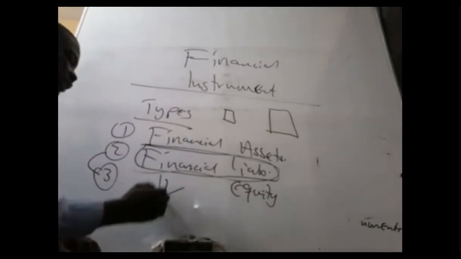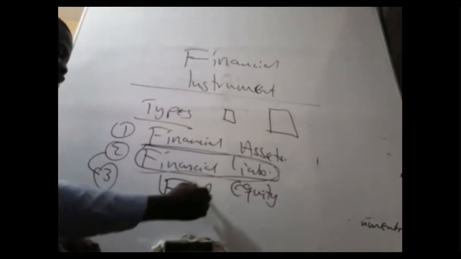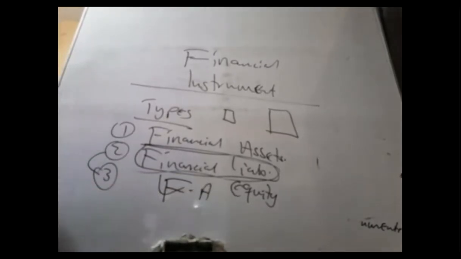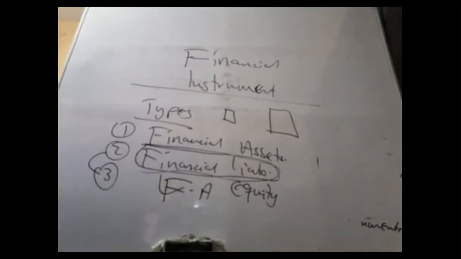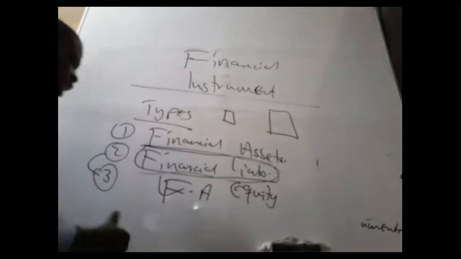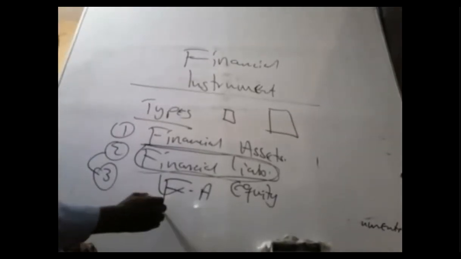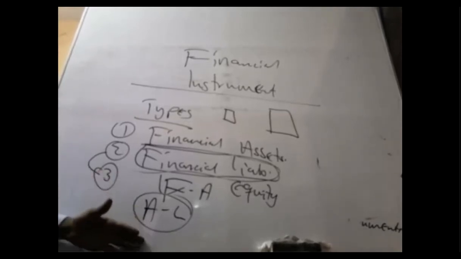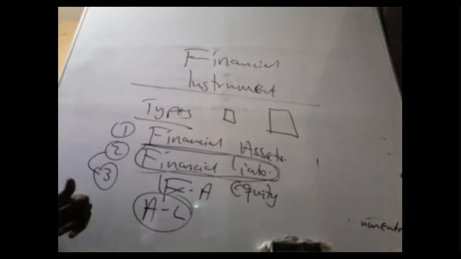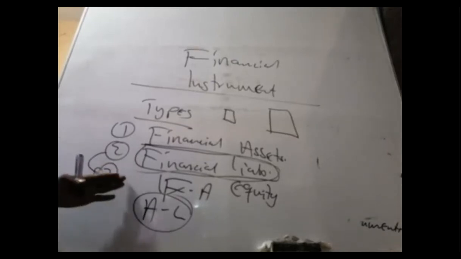Now, when I ask you to define financial equity, remember what we did under the conceptual framework. Financial equity, we don't have a specific definition. Just tell the examiner, financial equity is nothing but assets minus all liabilities. That's all. So financial equity is a residual interest after deducting all liabilities from all assets. We are done with it. Now, go into detail.